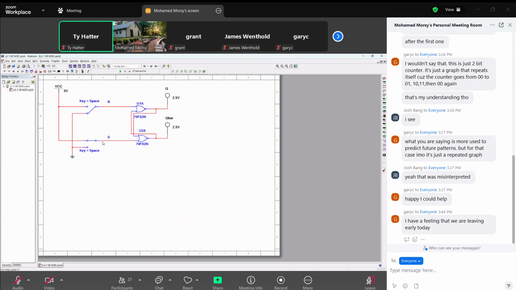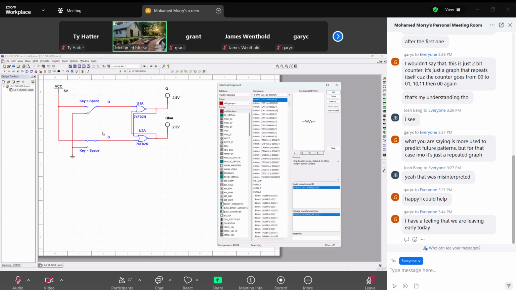So we can create the circuit using these gates. So again, if you click here, we need these gates, we need switches, we need the lights, we need VCC, we need ground.